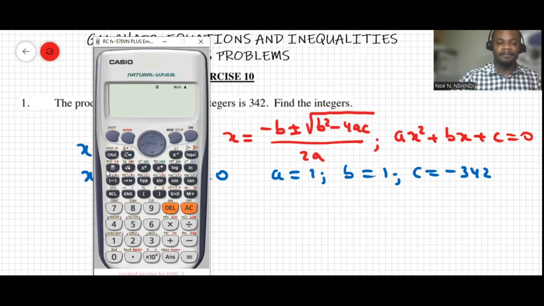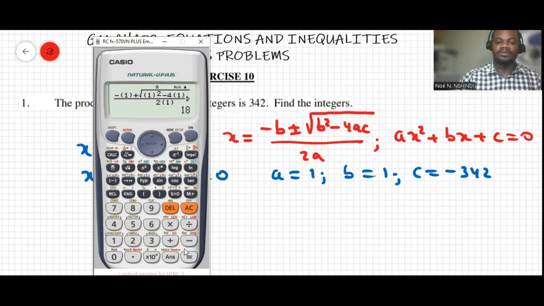The formula will be minus B, which is 1, plus the square root of B squared minus 4, where A is 1 and C is negative 342, all over 2A.